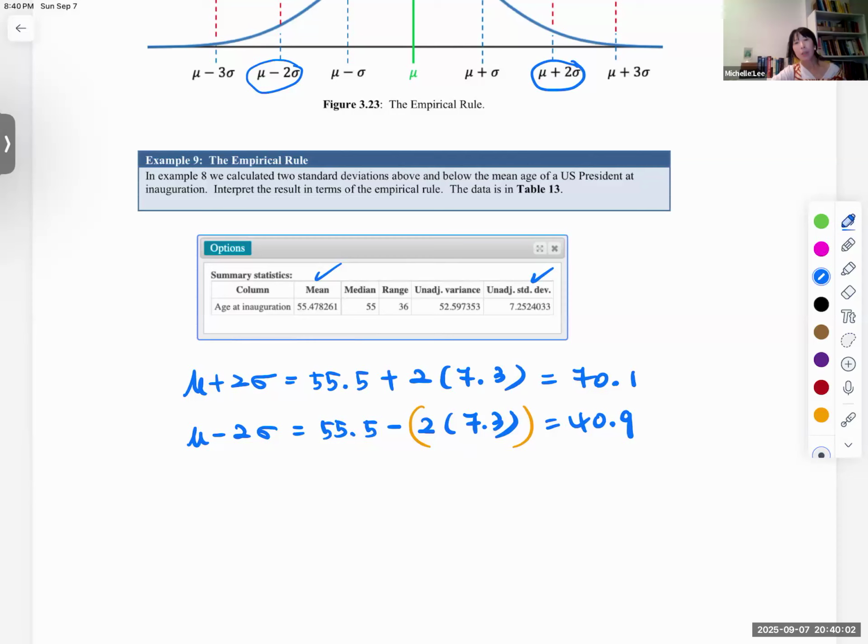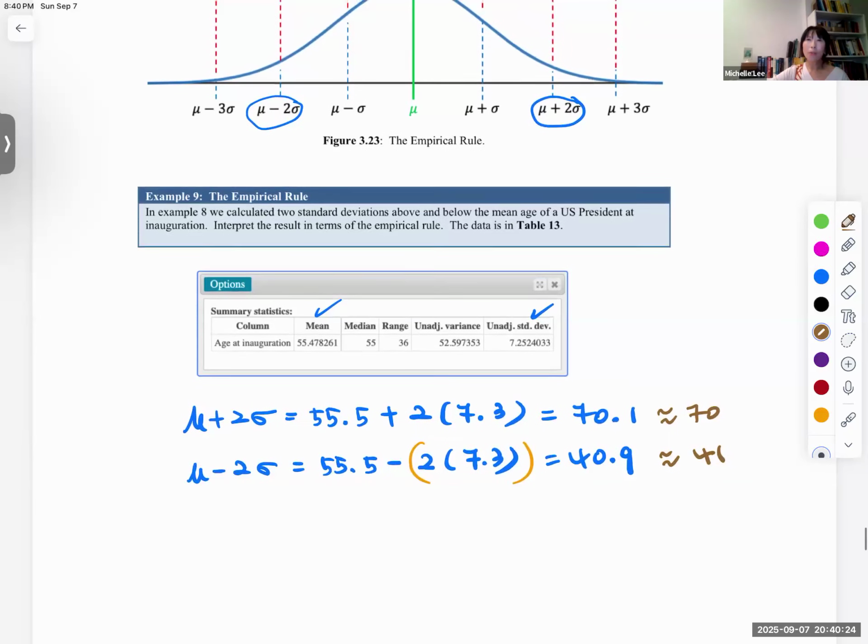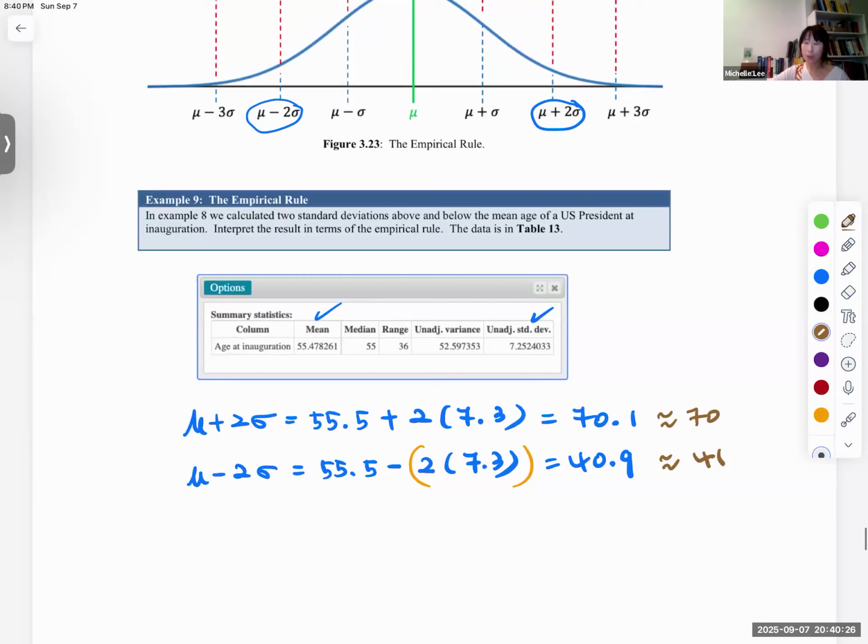Very good. Okay, how do we interpret 2 standard deviations in this case? Let's say this is approximately 70, and this is approximately 41, right? We talk about the president's age, so 95% of ages should be within 2 standard deviations of the mean, that is 41 and 70.